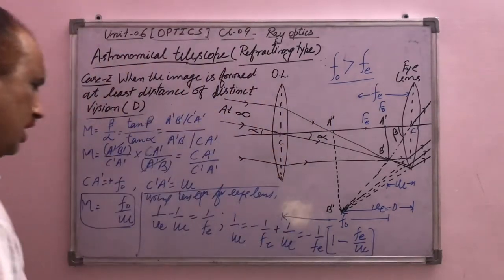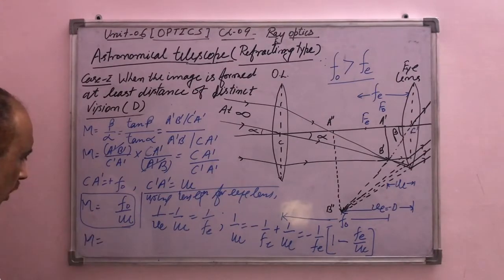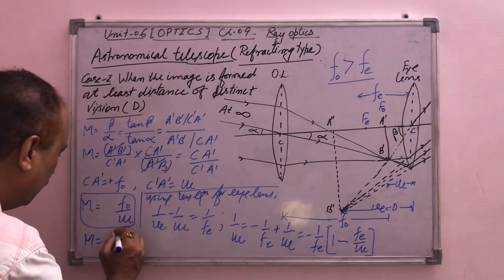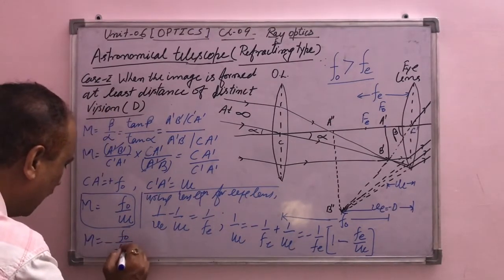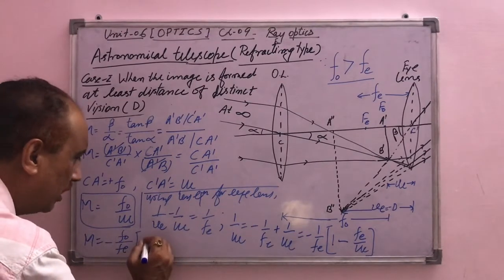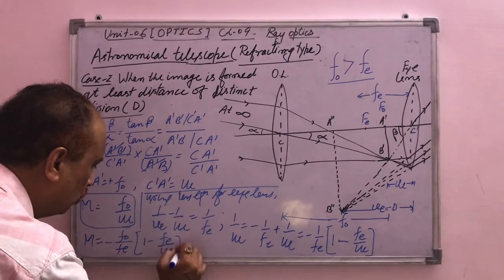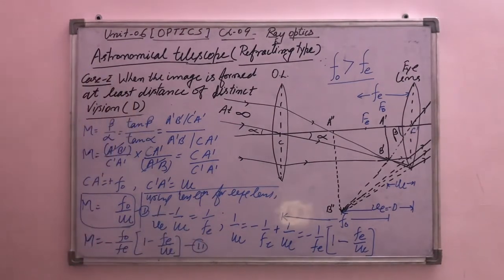So this is the next formula for M. The magnifying power will be equal to, when you put the value of 1 upon UE, FO upon FE within the bracket, 1 minus FE upon VE. So this is the first formula and this is the second formula.